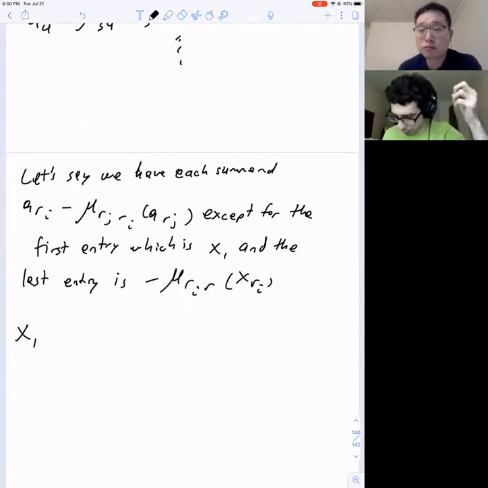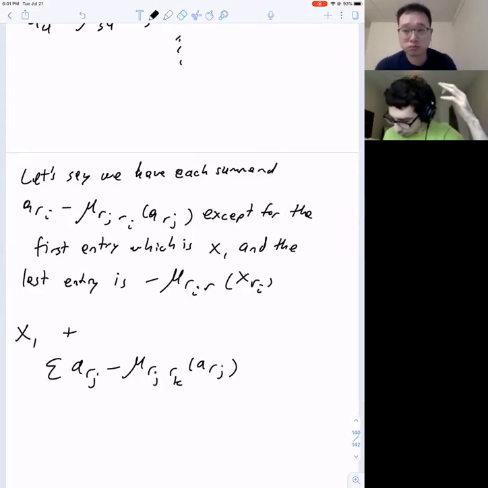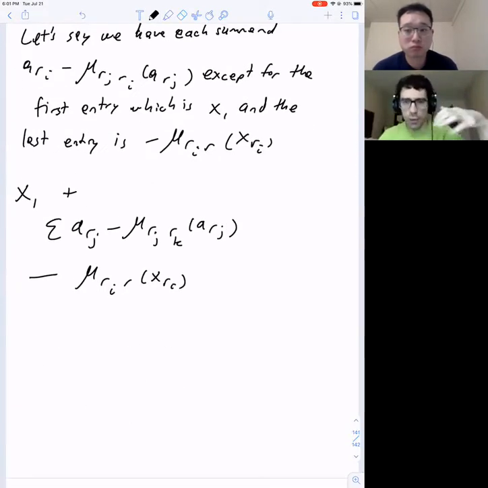So it looks like x1 plus A RJ minus mu RK RJ of A RJ, plus minus some mu RI R of X RI. So if we don't have this form, then we can do some reduction because some things will always be 0.